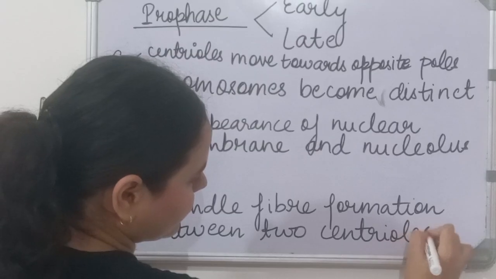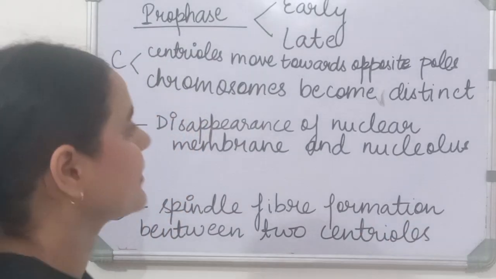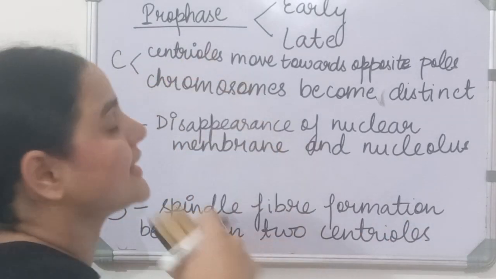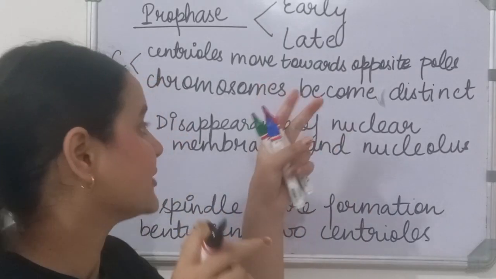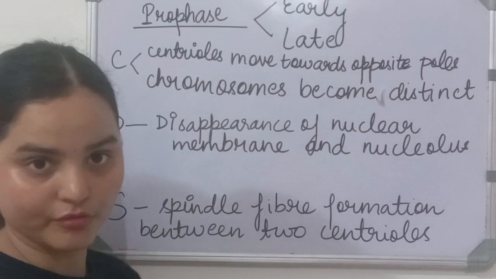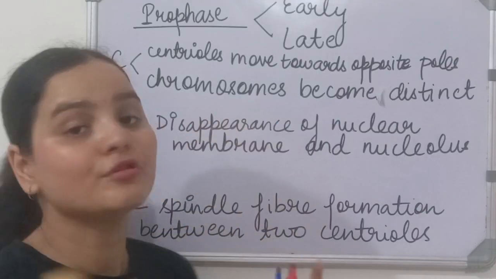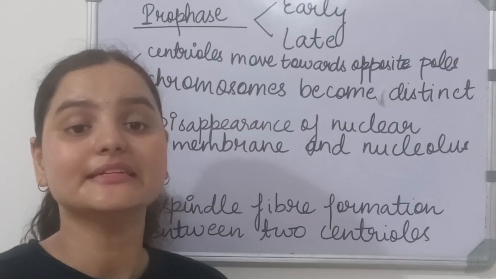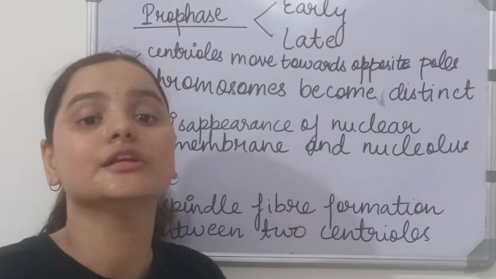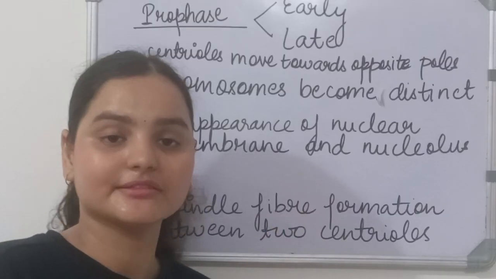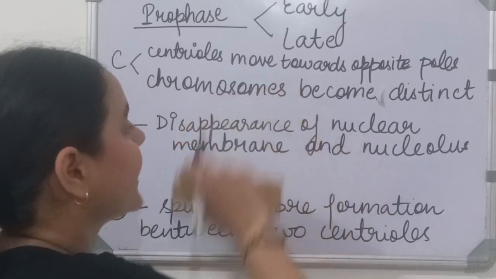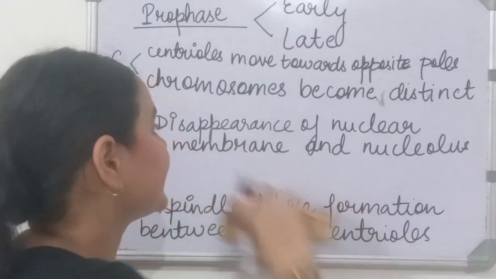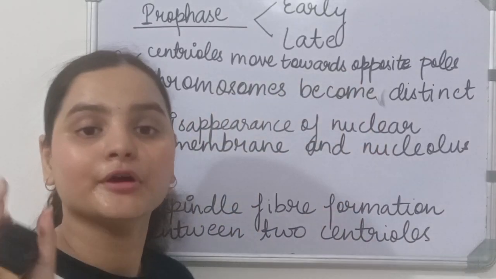Okay, so first what happens, our centrosome containing centrioles, they reach the opposite poles. Then chromosomes become distinct, means chromosomes are now clearly visible. In interphase stage they were in the form of chromatin fibers, but now they are fully condensed and visible as proper chromosomes.